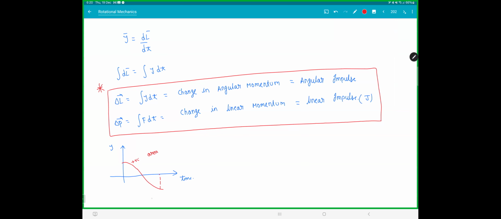This is a negative area. So area under the tau-t graph will give you change in angular momentum. Just have a look at this. Just give me a minute.